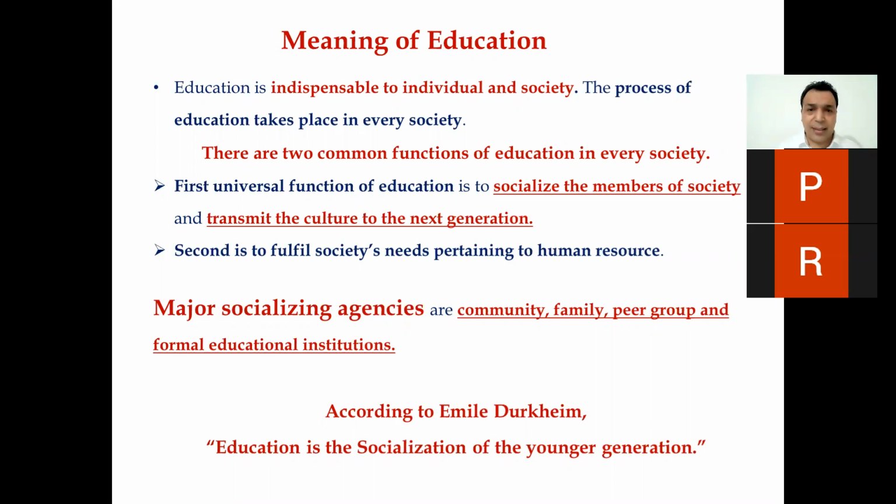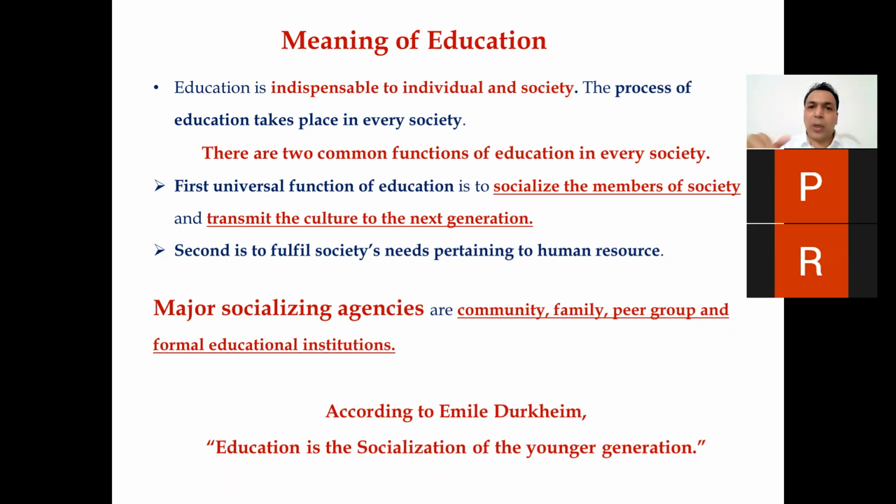But besides schools and colleges, there are some other agencies which socialize the child. What are the names of those agencies? Community. You become civilized, cultured, educated through the community also. Family. You have heard that parents are the first teacher.